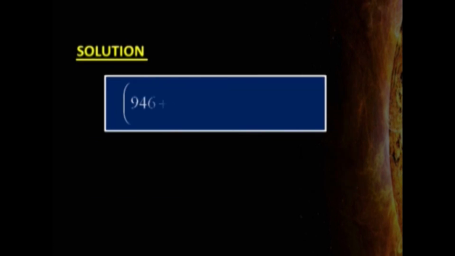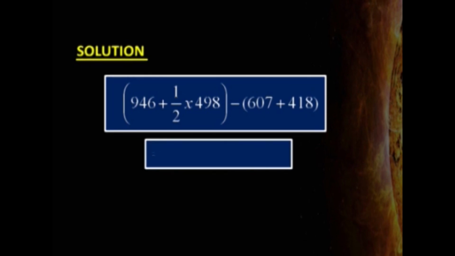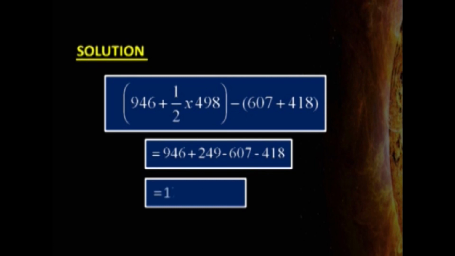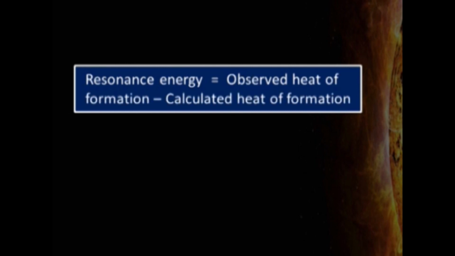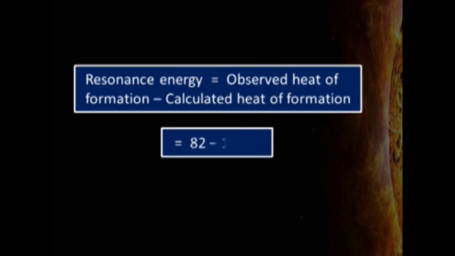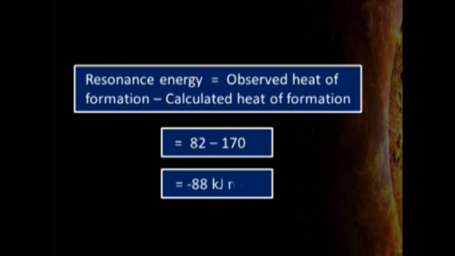That is 946 plus half into 498 minus 607 plus 418, which will be equal to 946 plus 249 minus 607 minus 418, which is equal to 170 kilojoules per mole. Now, resonance energy will be equal to observed heat of formation minus calculated heat of formation. Therefore, resonance energy will be equal to 82 minus 170 equal to minus 88 kilojoules per mole.